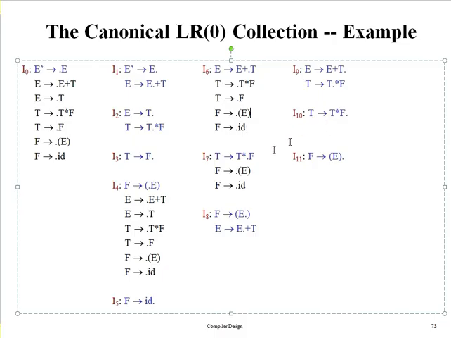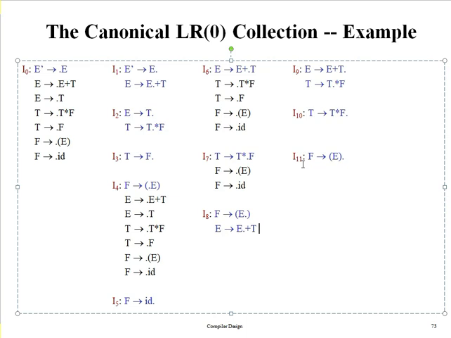So I10 is generated from I7, so go to of I7 comma F, and I11 is generated from I8. Sorry, I7, go to of I7 comma opening bracket will be the same as I4. So there will be no more items that can be generated.